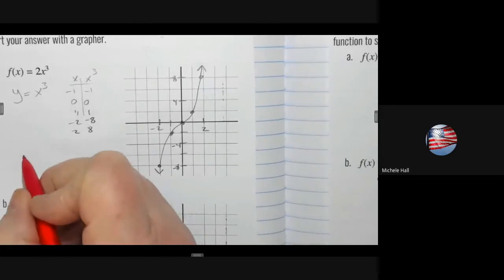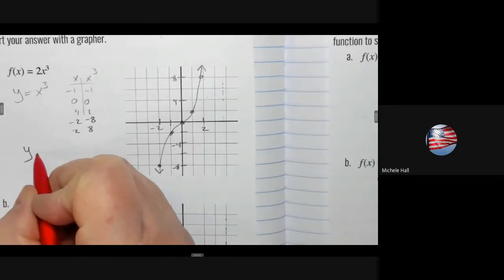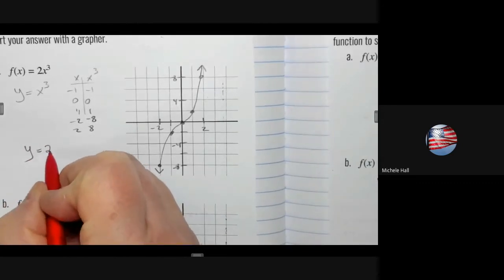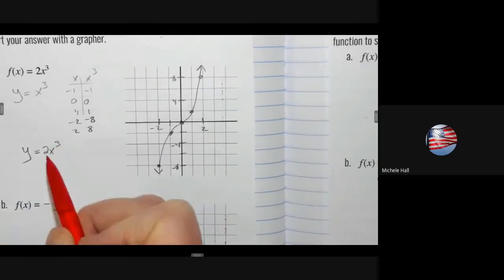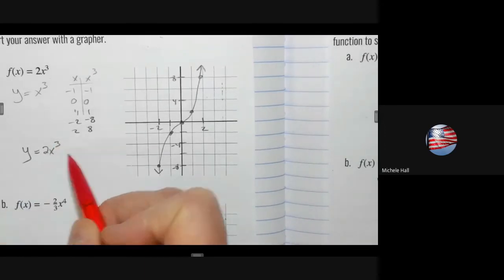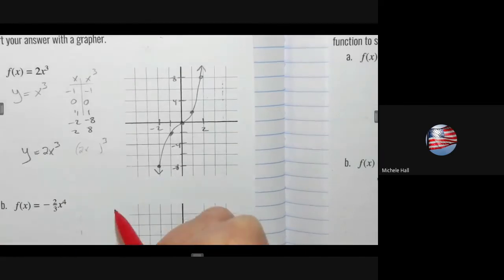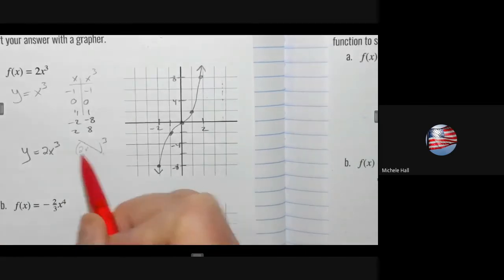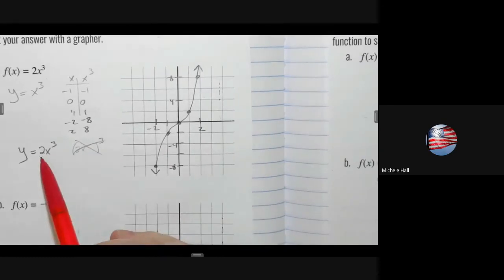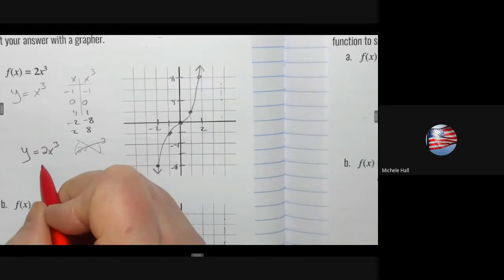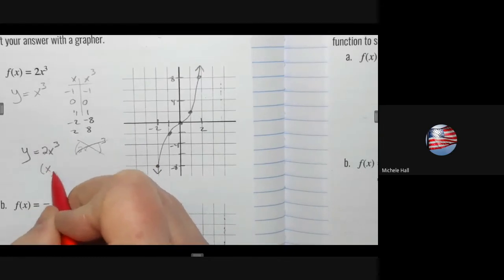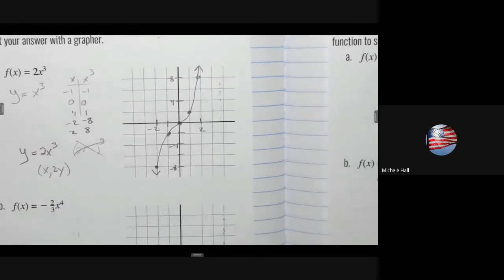And then the next one would be to multiply by 2. The x is not being multiplied by 2. Remember, if they wanted the x to be multiplied by 2, it would have to be in parentheses, but that is not what we have here. 2 is being multiplied to the function, and the function is y. So that means that I am going to want to multiply 2 to all my y values.